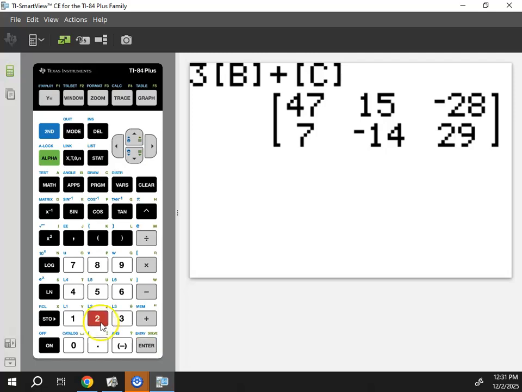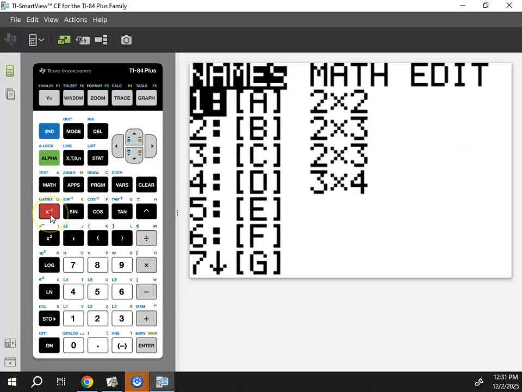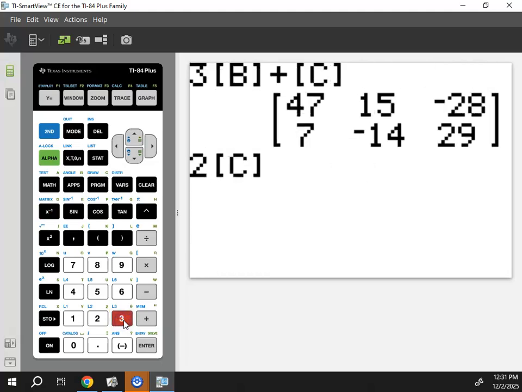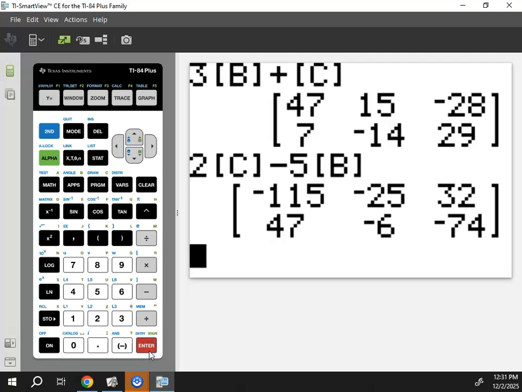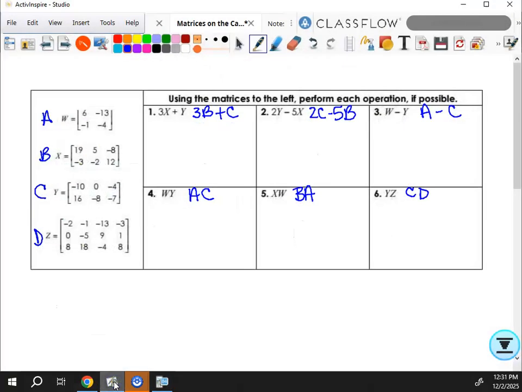Okay. And then 2C minus 5B. Yeah, it can stay on there. It's fine. It'll just scroll. Okay. So I'm going to go ahead and write down what I got for these two.